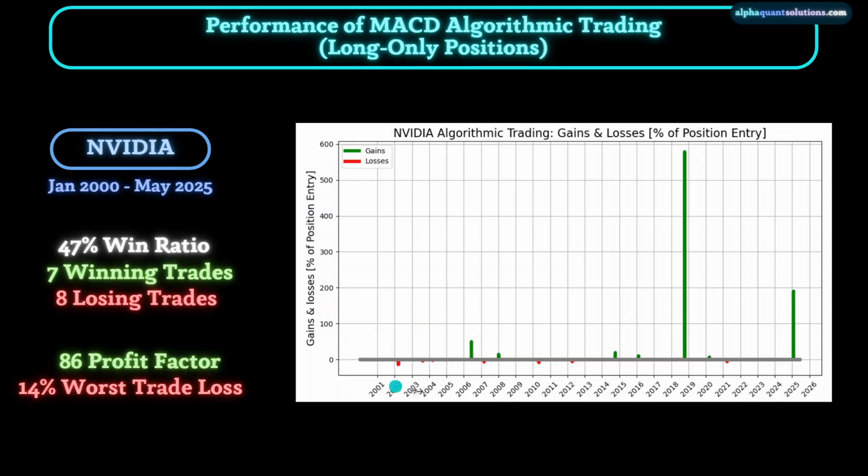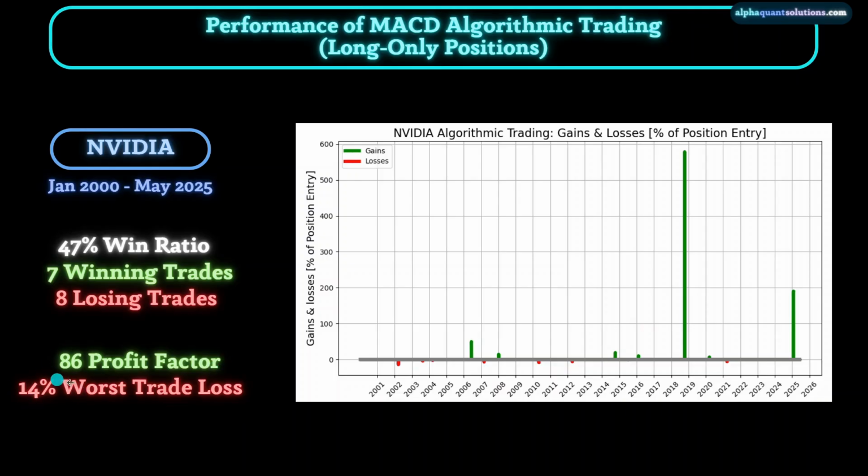And the graph shows the results of the trades. We have fewer trades in total: only 15 trades during this 25.5 year period, with a win ratio close to 50%, 47%. Again, very asymmetric payoffs. We have one trade with almost a 600% gain, another that was closed in 2025 with almost 200%, and the worst trade loss was 14%.